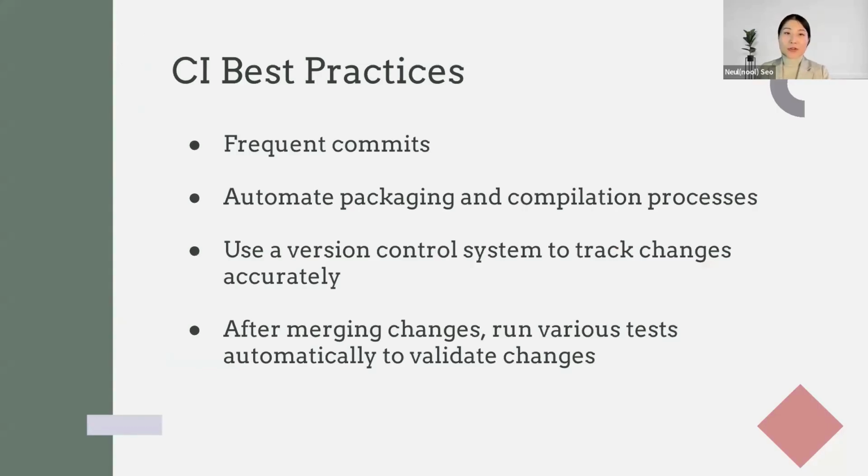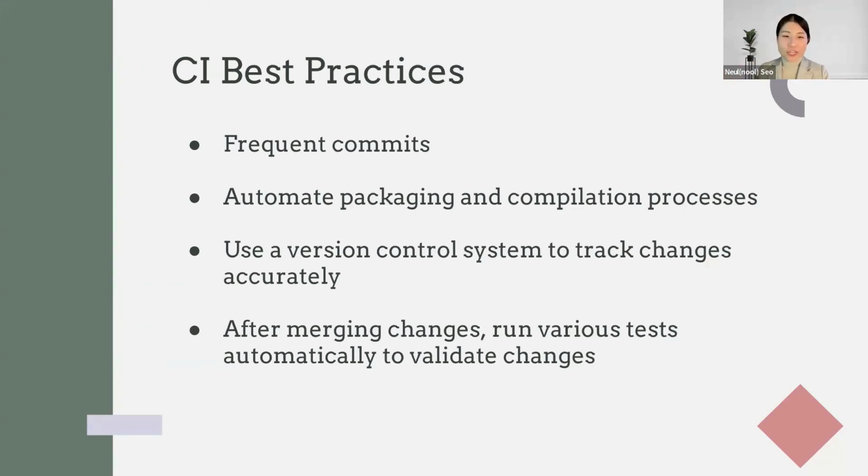Best practices for continuous integration, CI, include committing the code frequently, followed by automated packaging and compilation processes. What's also essential is utilizing a version control system for developers to track changes accurately.